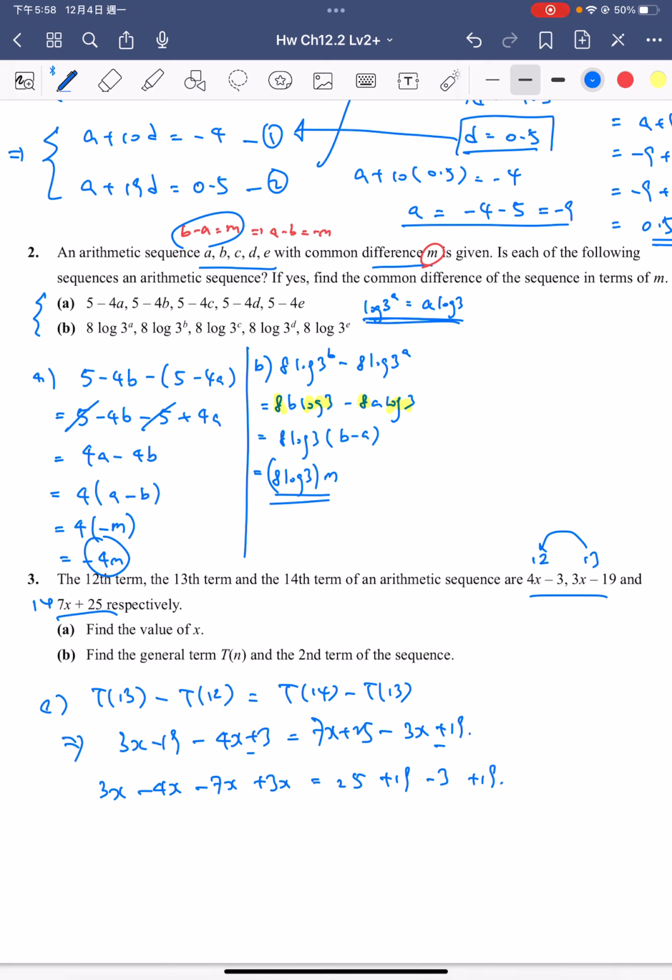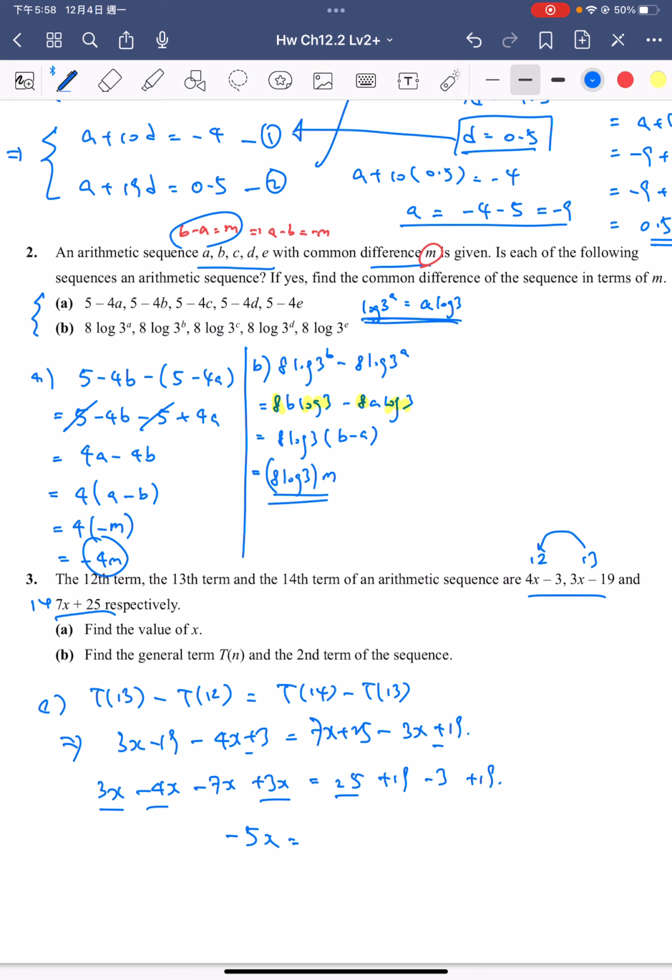So 3 plus 3 giving you 6, minus 4 giving you 2, 2 minus 7 gives you minus 5x, and this is equal to 22, and then this is 38. So 22 minus 38 is going to be equal to 60. So x is just equal to 60 divided by negative 5, giving you negative 12. Okay, so now we find out the value of x.